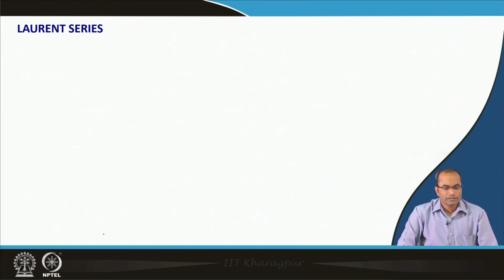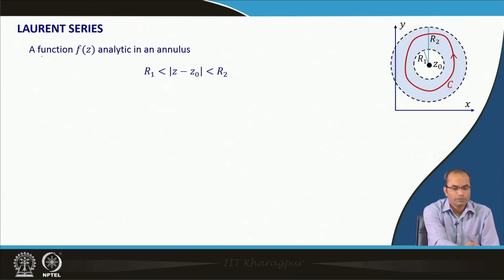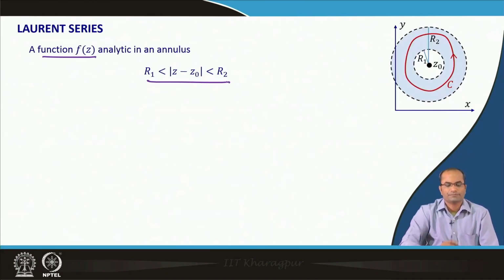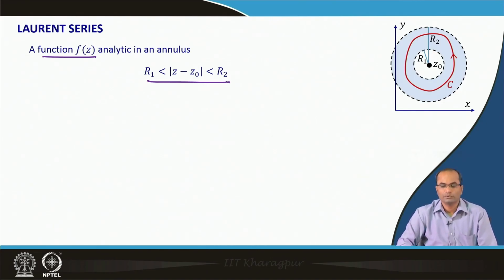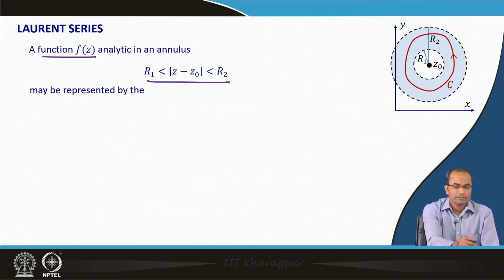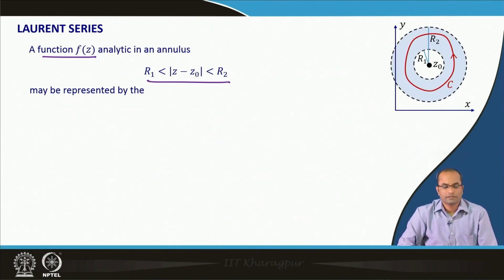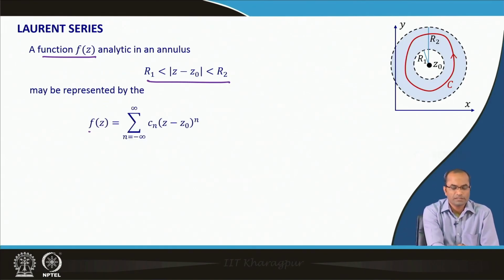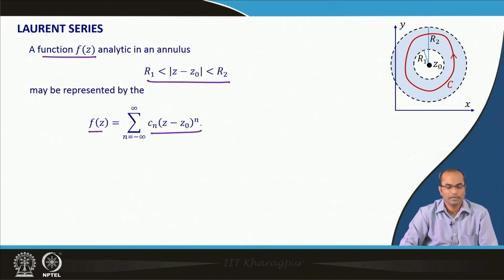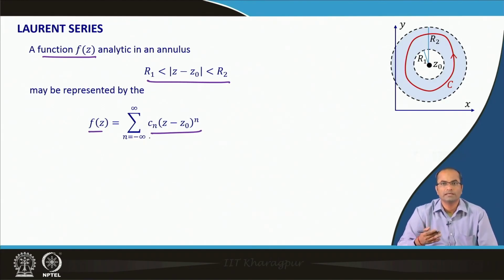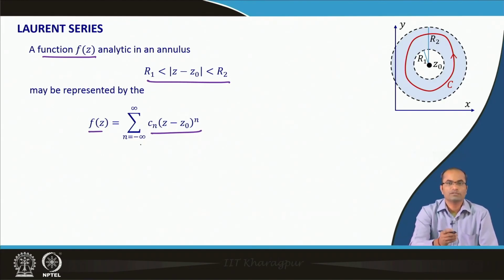So, what is the Laurent series? Suppose this function is analytic in this annulus, which is bounded by these two circles with radii R1 and R2. Then this function can be represented by the power series with terms Cn (z - z0)^n, where n now runs from minus infinity to plus infinity. In the Taylor series it was from 0 to infinity.